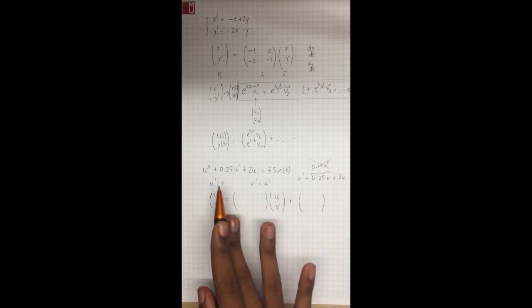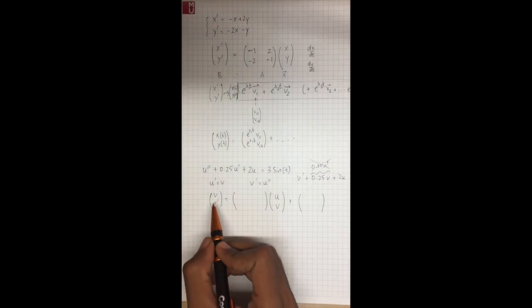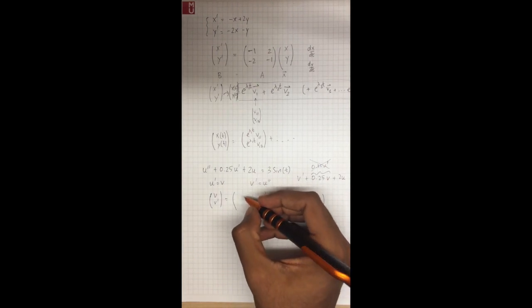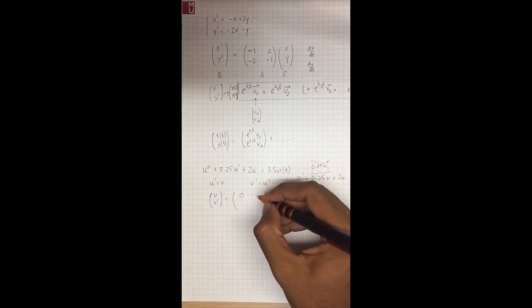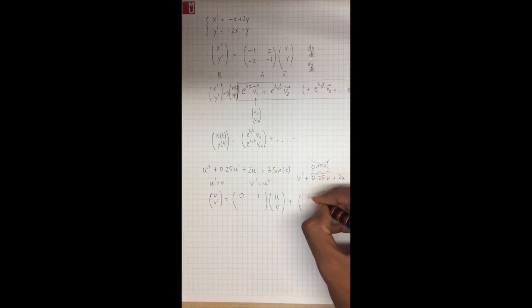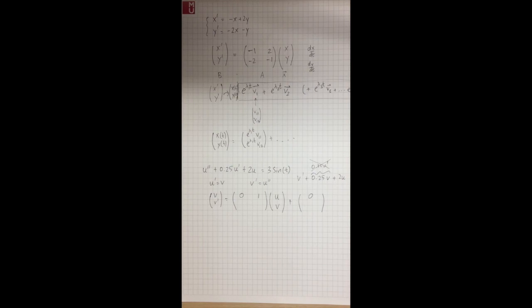So my equation is just going to be v prime plus 0.25v plus 2u. I have v over here, so to get v on that side, I'll just have to do 0 times u plus 1 times v, and I'm going to have a 0 over there. Only then is it going to give me v equal to v to balance things out on both sides.